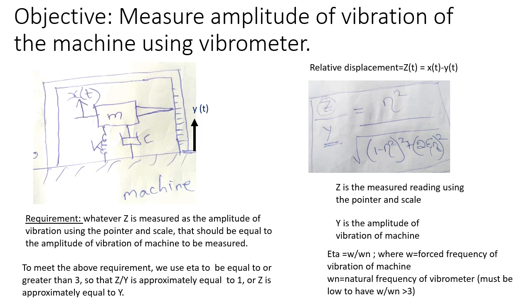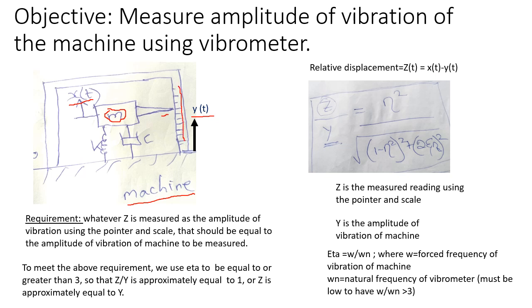So here you see a machine which is vibrating with this y of t, and this is the seismic mass, which is vibrating with an amplitude x of t, and this is a pointer with this scale.